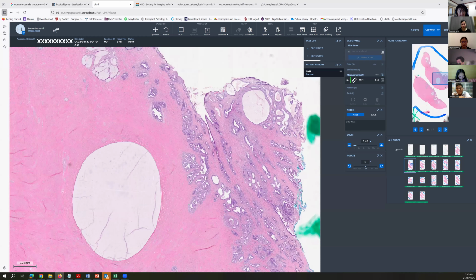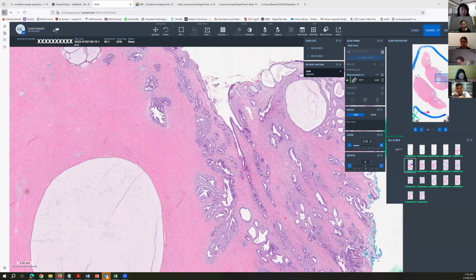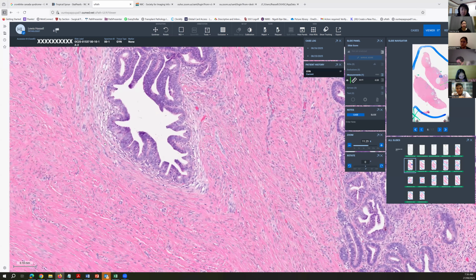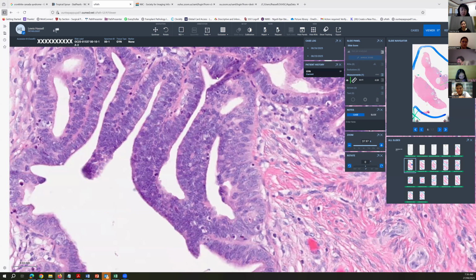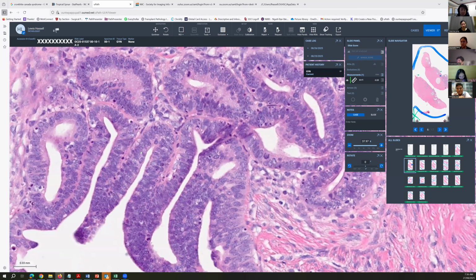So this is, I think, a nice opportunity to compare endocervical adenocarcinoma, as you can see here. This is a lesion that's characterized by nuclear crowding, oftentimes some apical mitotic figures, which you can see here.